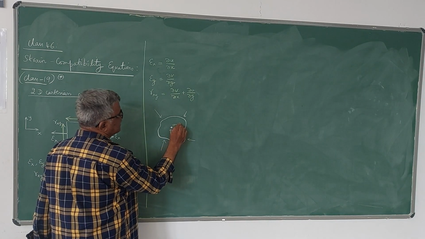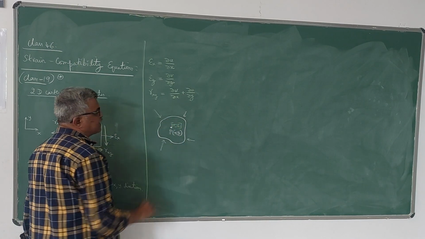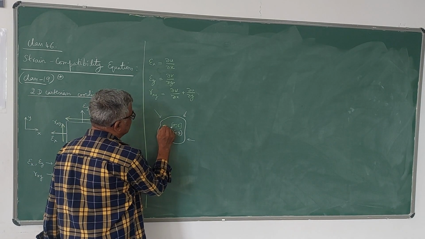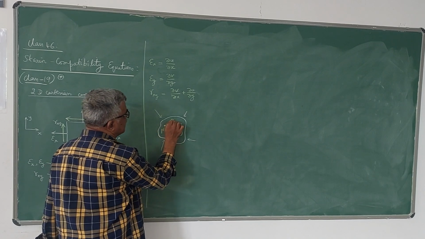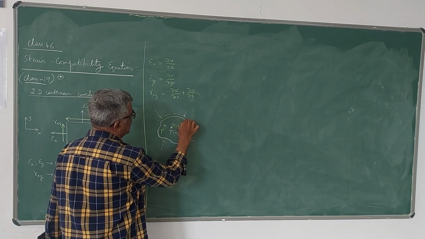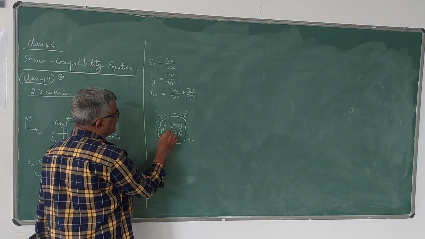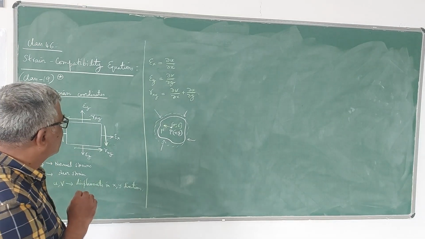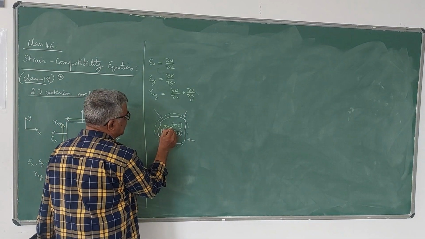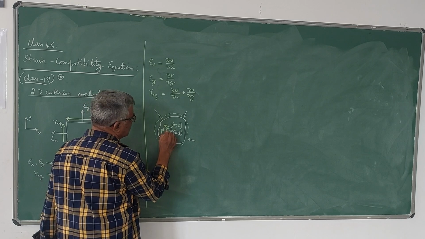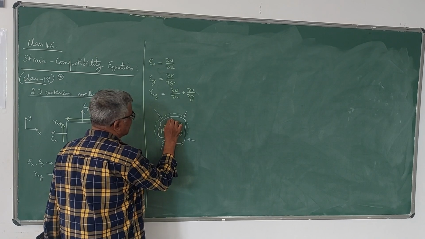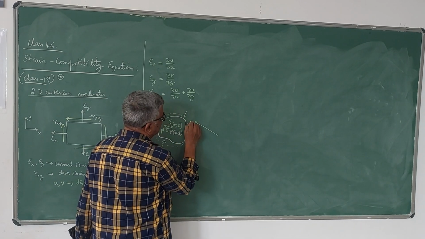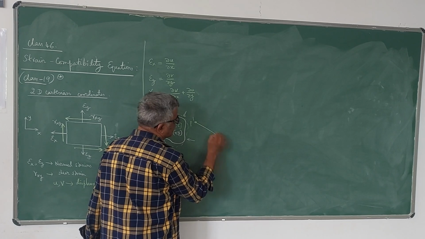Sigma will be there as well as epsilon at this point P. If this point P is changed to P dash, if the object deforms like this and P shifts over here due to deformation, then the horizontal displacement is u and the vertical displacement is v. P is shifted to P dash due to the application of the force.